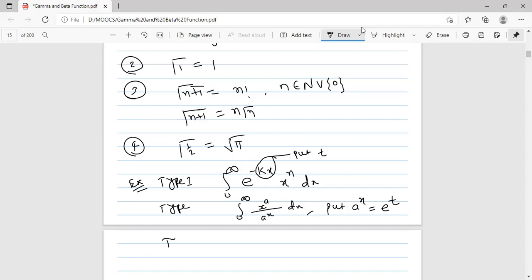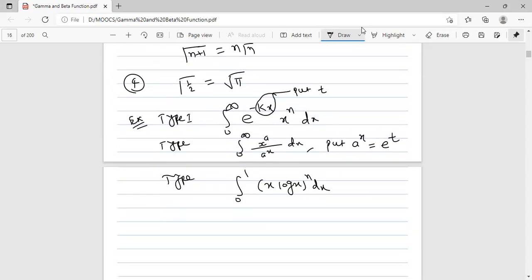And type 3, integration 0 to 1 x into log x raised to power n or m. Then you can put log x equal to, if you put it this way, then you can find the solution.